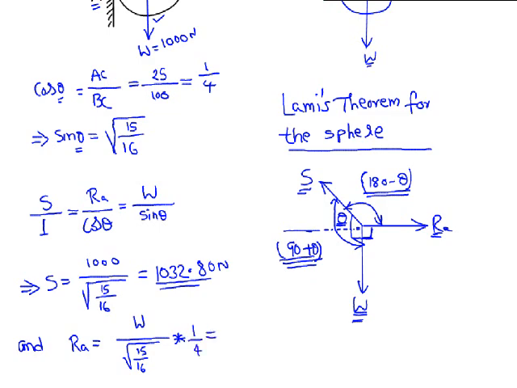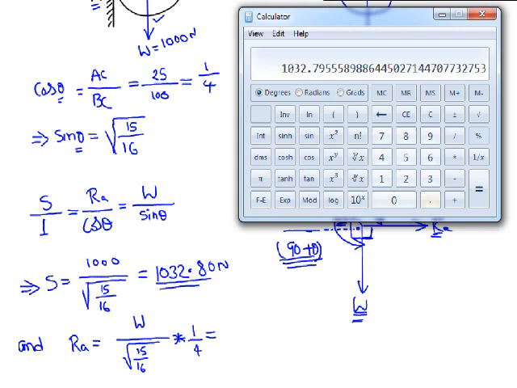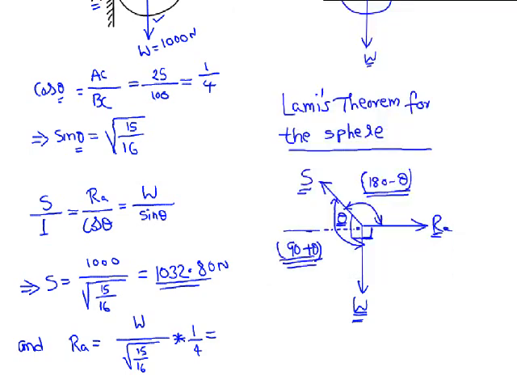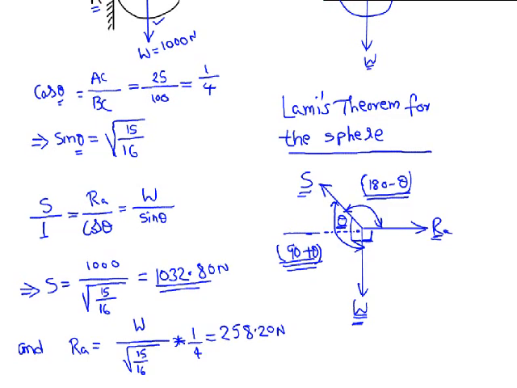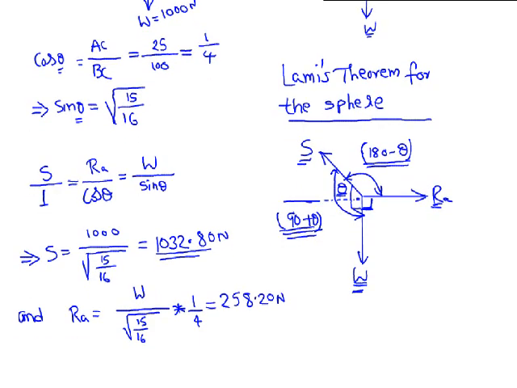So 1032.8 divided by 4 is 258.2 approximately. These two constitute the answer for us. That is what is asked in the problem, and that is what we have found.